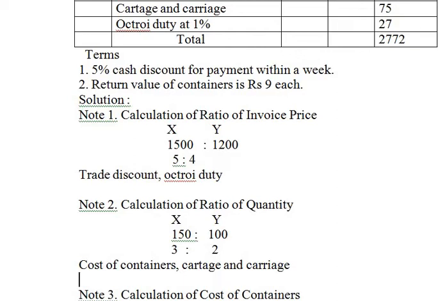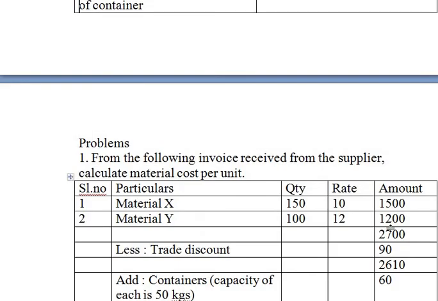Now here they have given the cost of containers. Read the second term, that is, the return value of containers is rupees 9 each. Go through the problem again. Here the quantity of material X is 150 and material Y is 100. Go through the same chart. There we have taken containers, and the capacity of each is 50 kgs.